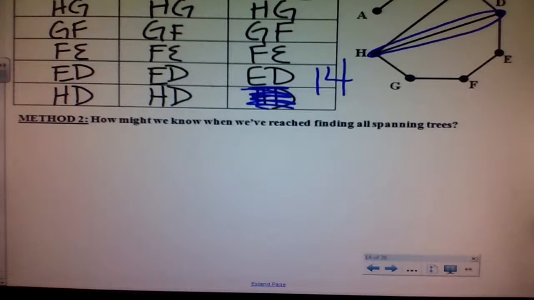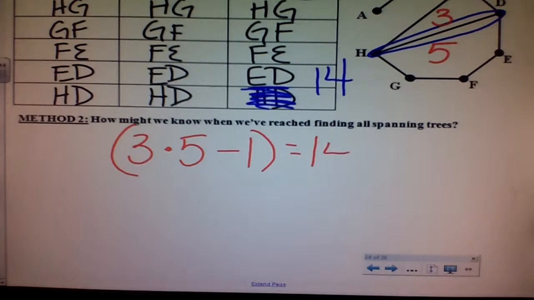So where's the cheat code at? We started with 3 options in the first circuit, correct? How many options do I have in that second circuit? 5. So 3 times 5 minus 1 is your magic formula.